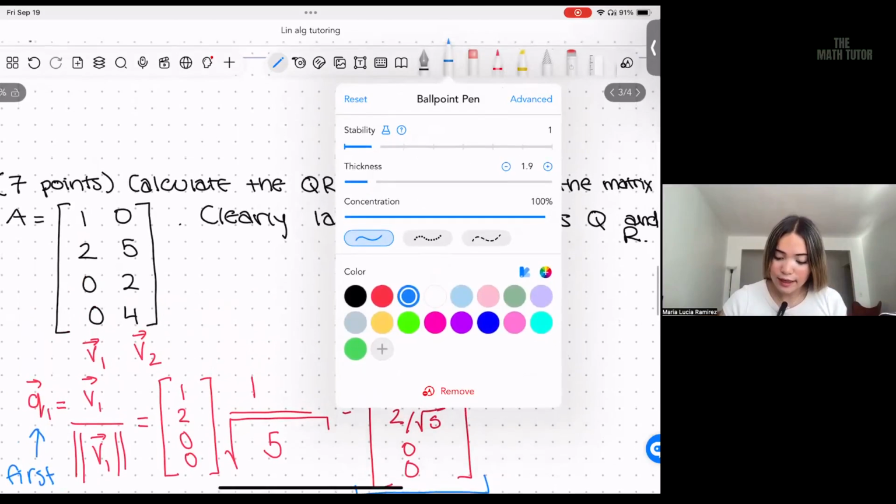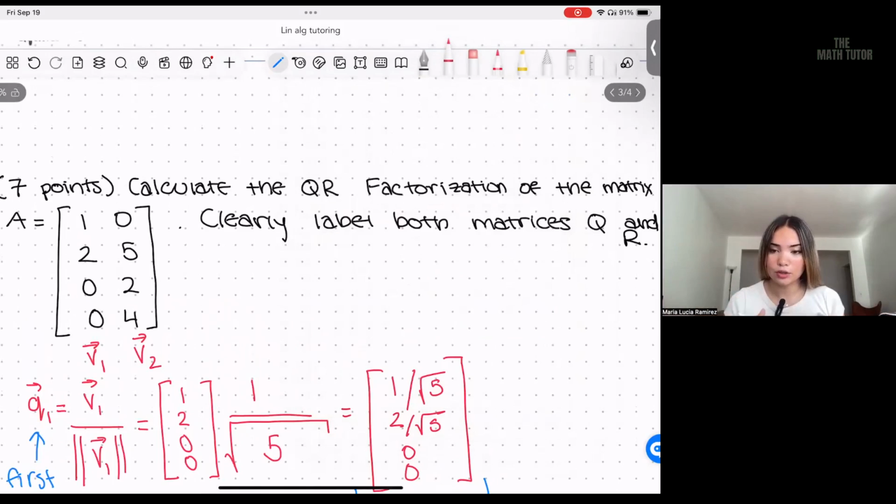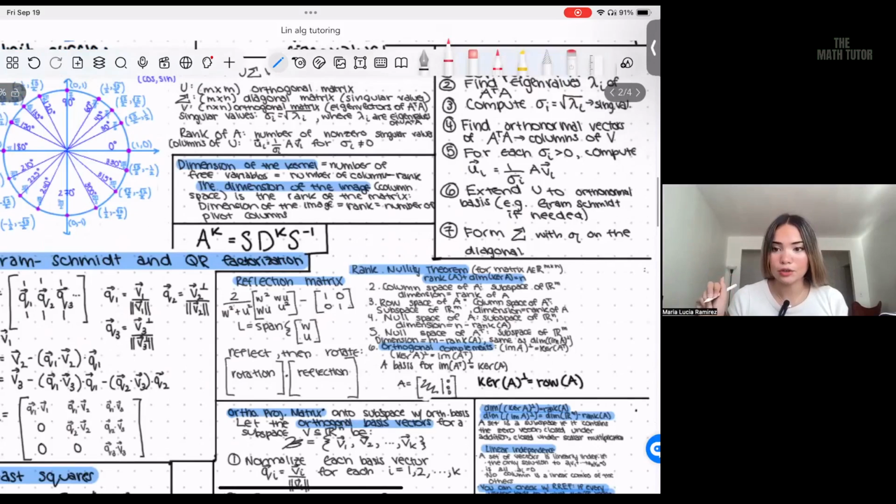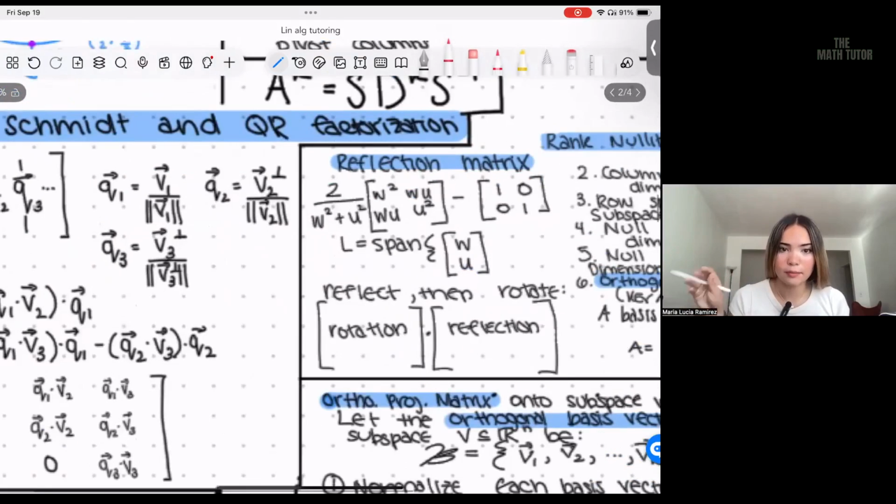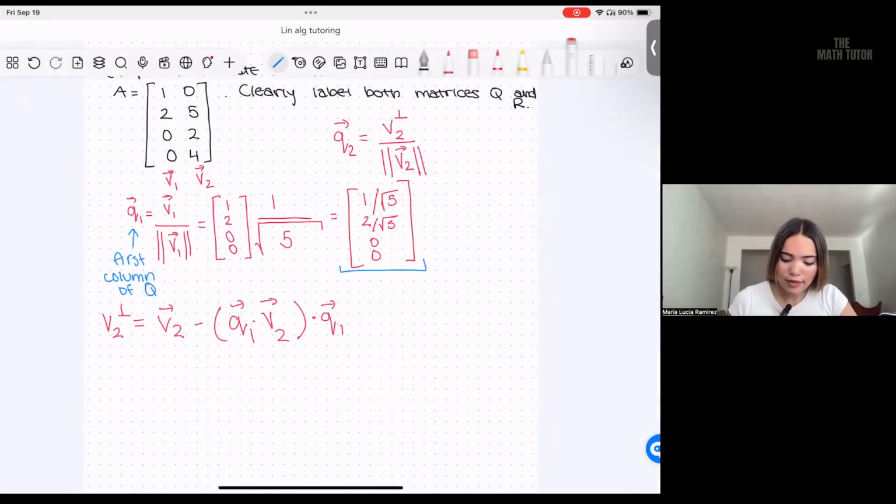It's right here. So next we would need to find Q2. So Q2 would equal V2 orthogonalized over the magnitude of V2. So now this is going to be our formula for how we find V2 orthogonalized.